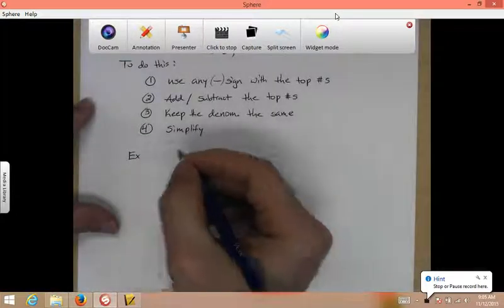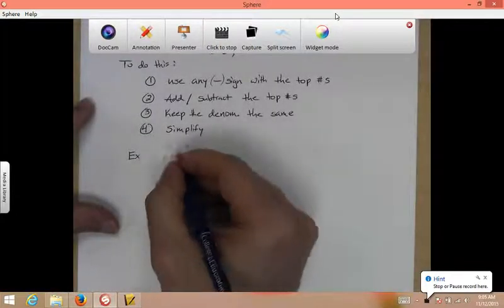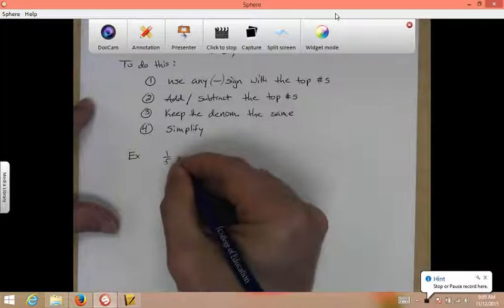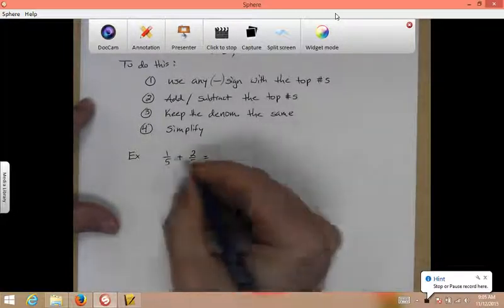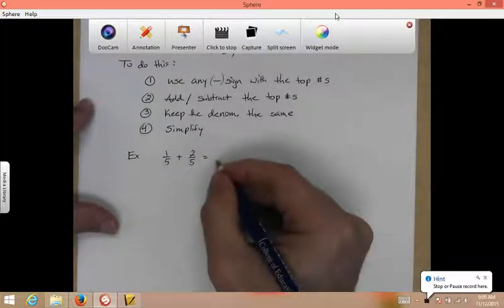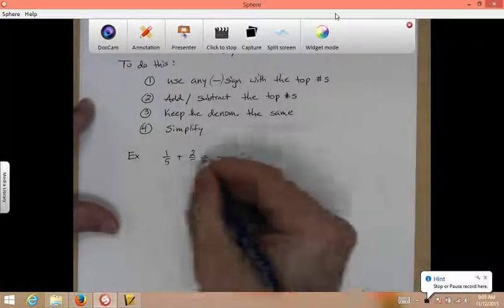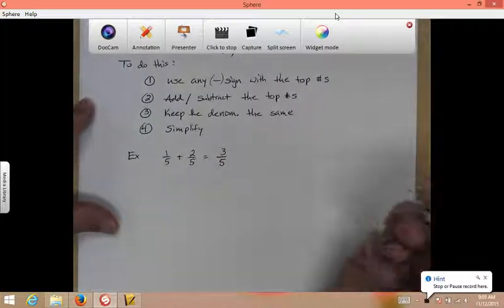So, examples. Let's say we had 1/5 plus 2/5. Well, we already know the denominator is going to be 5. 1 plus 2 is 3. Done.